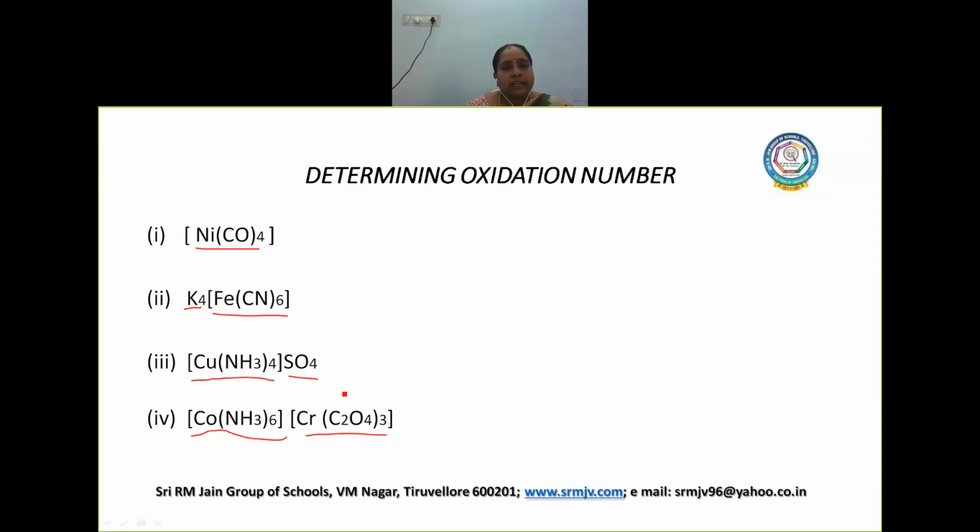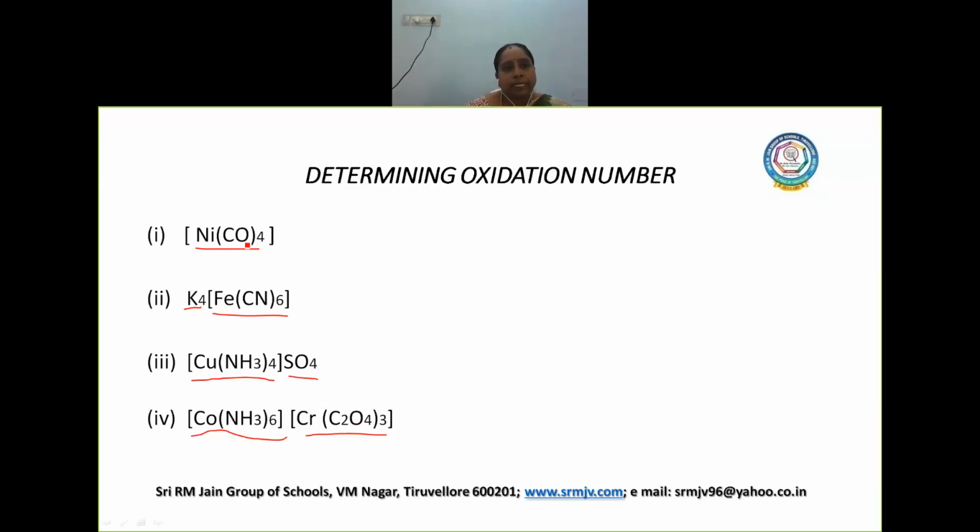You can identify the oxidation number by looking at the ligand itself. Here we have oxalate as the ligand, which is a negative ligand, so of course the sphere will attain a negative charge. As the other is neutral, there is no charge for that sphere, but the second complex attains a negative charge, so the first complex is positive.